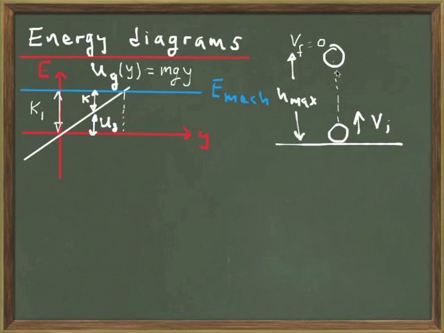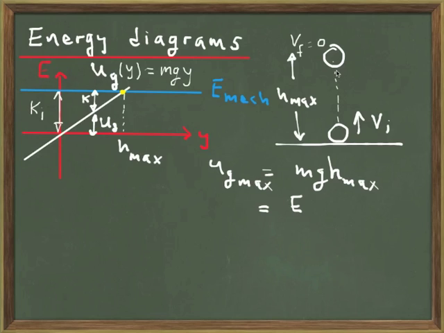As the ball continues to move, the potential energy continues to grow, and the kinetic energy continues to decrease, until you hit this spot, which is h max. What happens there? The kinetic energy is going to be 0. The potential energy has reached a maximum value, and that maximum value is equal to mg times the maximum height that the ball reached.